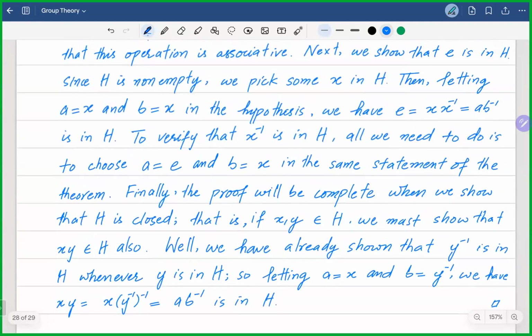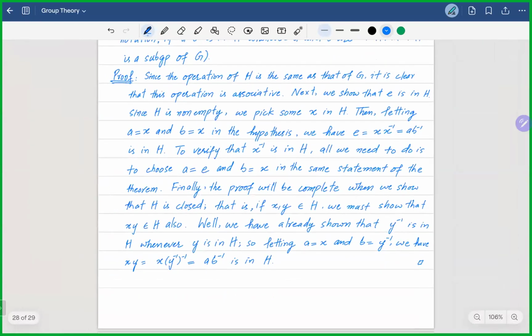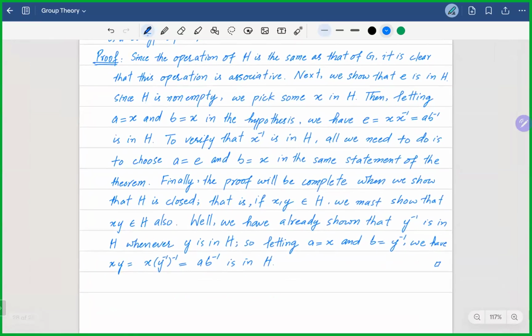So what we did actually, we said that the operation is associative, then we said that the identity lies in H, then we said that for an element in H there exists an inverse for that element in H, and in the end we said that the operation of H is closed by assuming two elements and showing that their product is also in H, and that makes H a group.